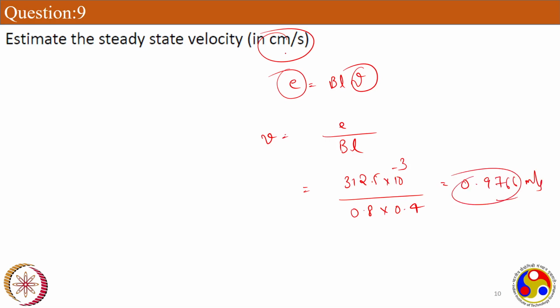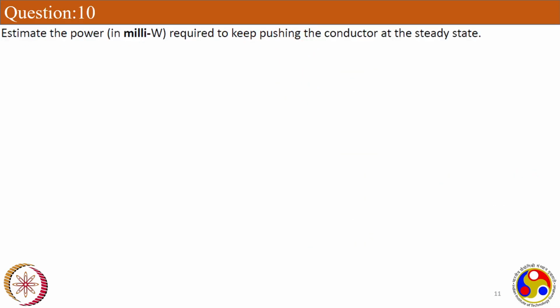The question is in centimeters, so you just have to multiply by 100: 97.66 centimeters per second. The idea of solving these questions is that not just the concept is important, but also what has been asked in the question, what you are supposed to write. Is it in meters per second or centimeters per second? The question requirement is also very important.